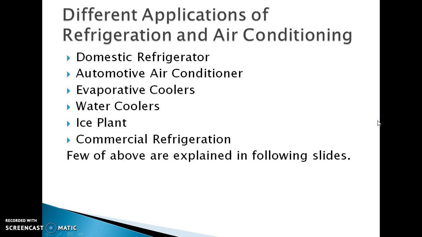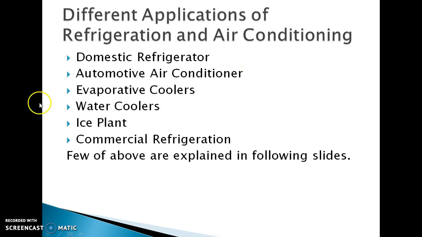So we will see what are the different applications of a refrigeration and air conditioning system. These are some applications which are listed here. First one is domestic refrigerator, the refrigerators which are generally used for household purposes. Next one is automotive air conditioners, the air conditioners which are used in automobiles.